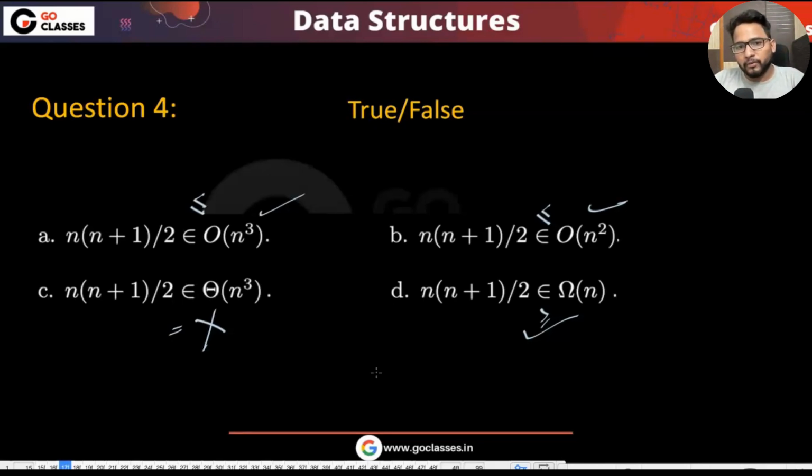Let me tell you one story. When I was at Amazon, Amazon gives you a chance to take interviews also. So I was taking an interview of some fresher, and I asked about these asymptotic notations, and he was not very confident about it.